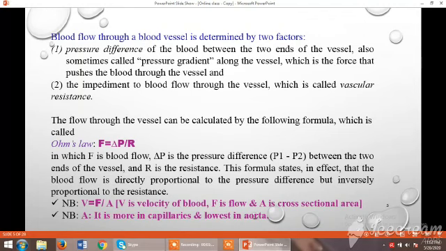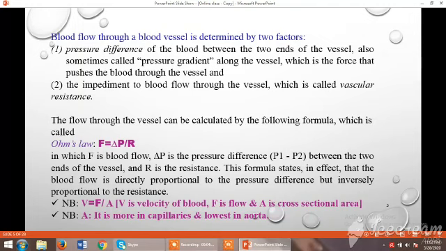In case of blood flow, the cross-sectional area is going to be more in some cases. Where the cross-sectional area is more, the velocity of the blood flow will be less. Which area?